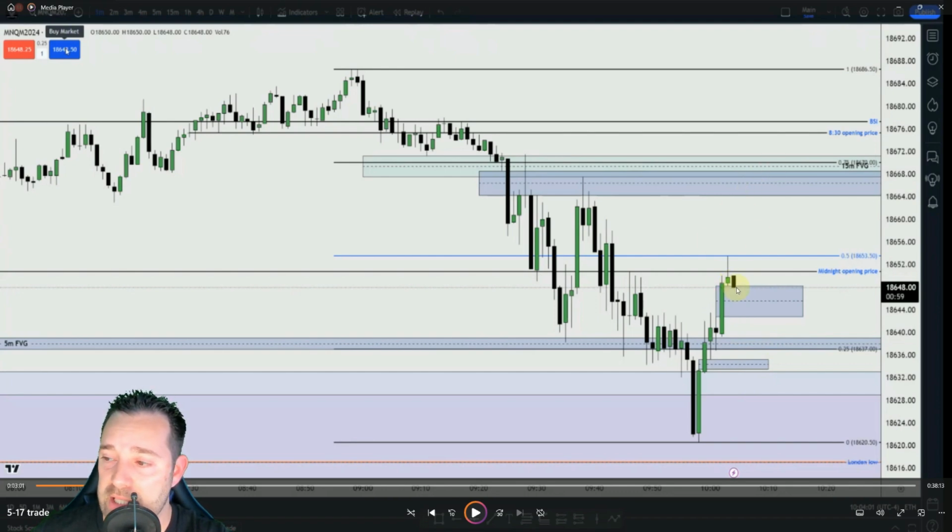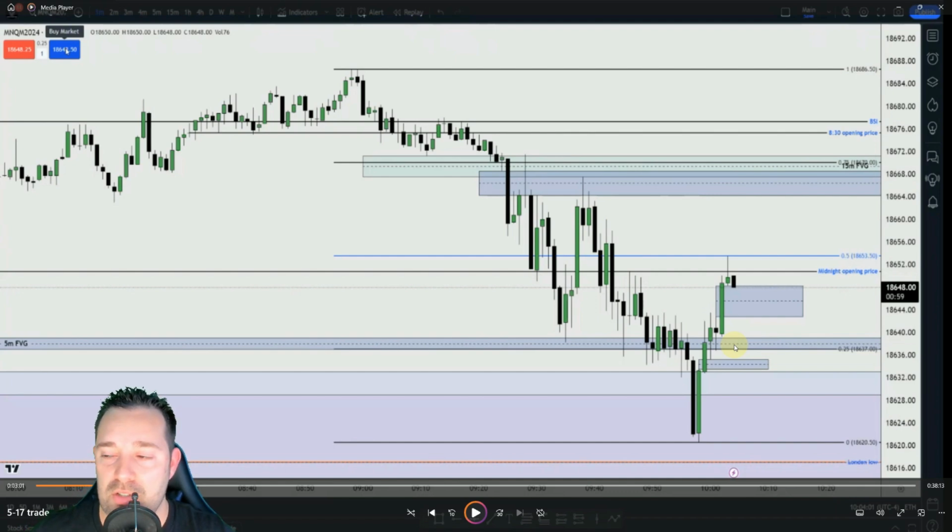So you have a choice. Get in here, have a stop down here, or wait for it to come here and get in and risk missing a trade if it doesn't, or you get in here and it comes back in here, you get in there too. Okay. So this is not dollar cost averaging.